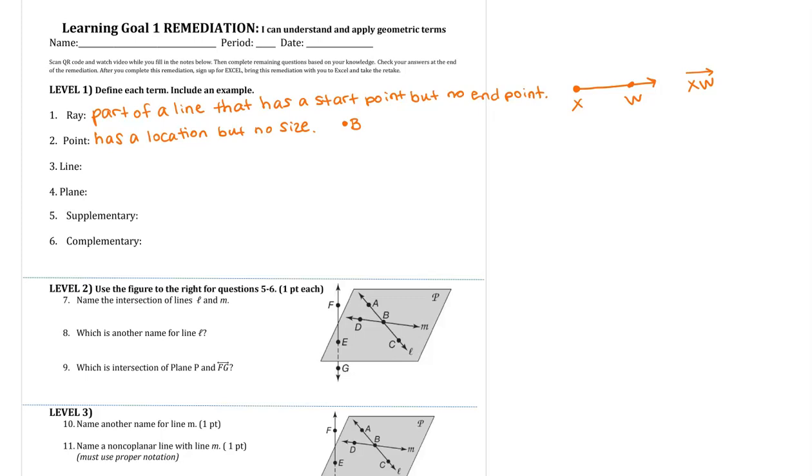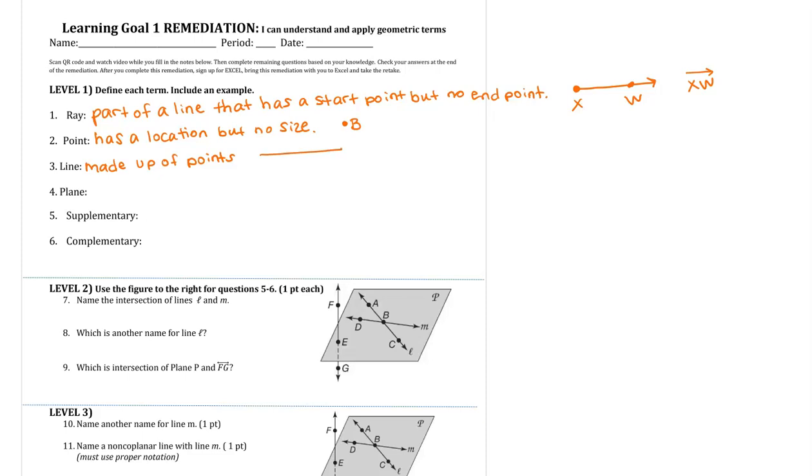A line is made up of points. So think of points as your basic building block. We put a bunch of them together, really close together, and we make a line made up of points. Again, it's one of those undefined terms. It has no thickness, no width. We're going to name a line using 2 points.